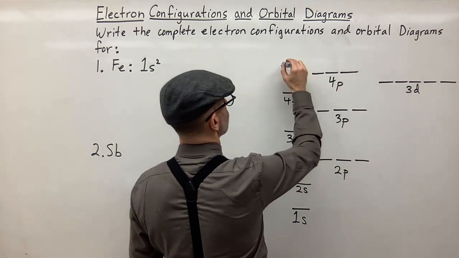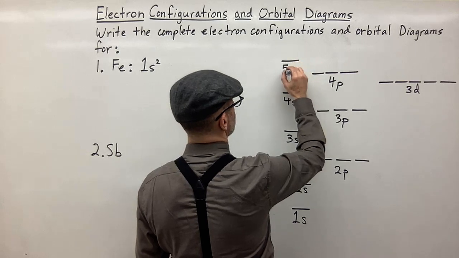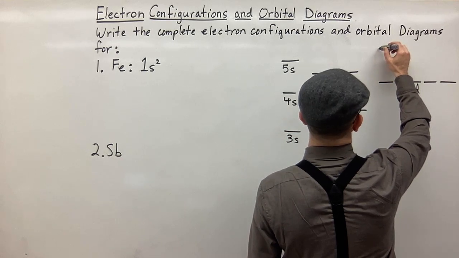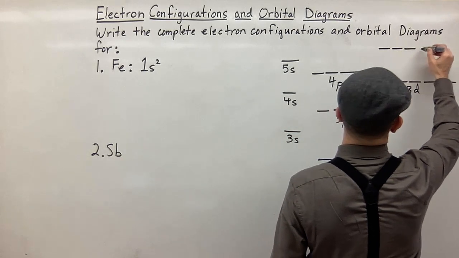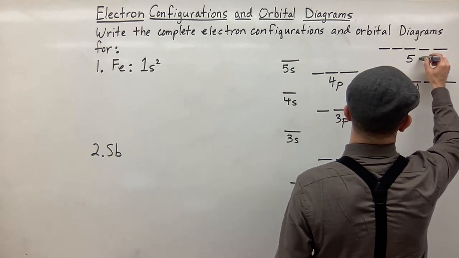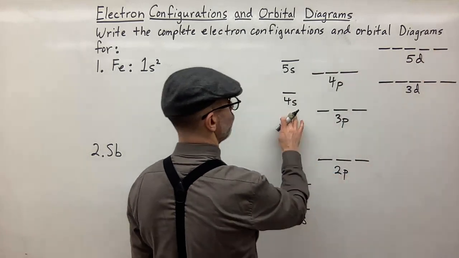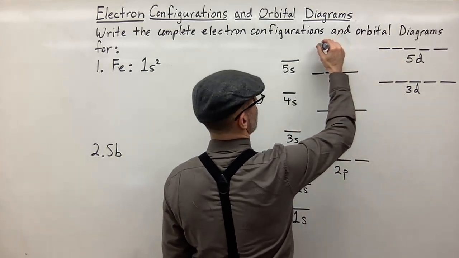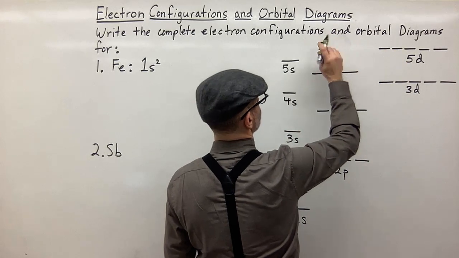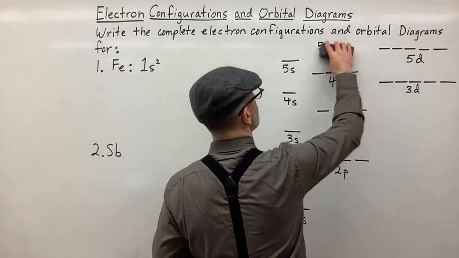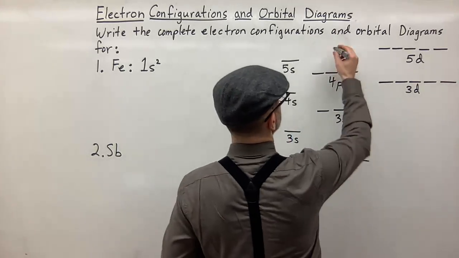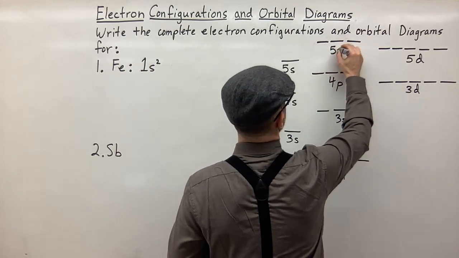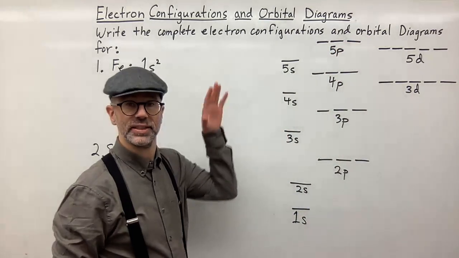4p, and then we'll have the 5s, and then we'll have the 5d, so 4s, 3d, 4p, 5s, 5d, and then we'll have the 5p, and then of course we'll have the 6s and so on.